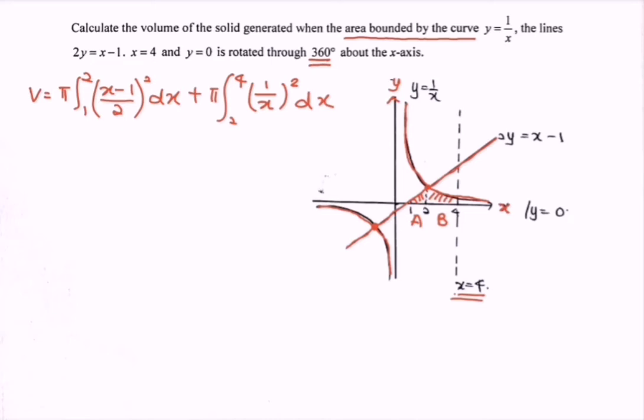Next, we refer to the situation: pi integrate x minus 1 bracket squared over 4 with respect to x, plus pi integrate x to the power of negative 2 with respect to x.